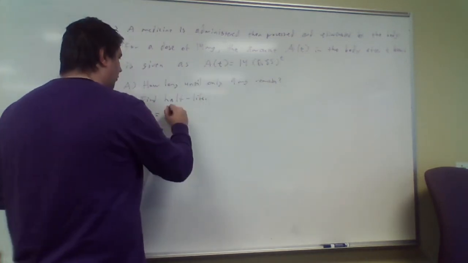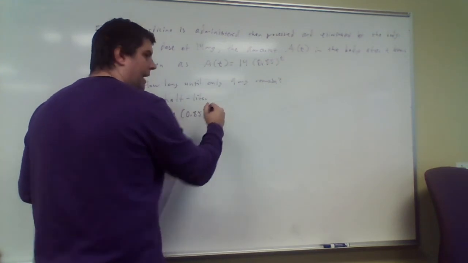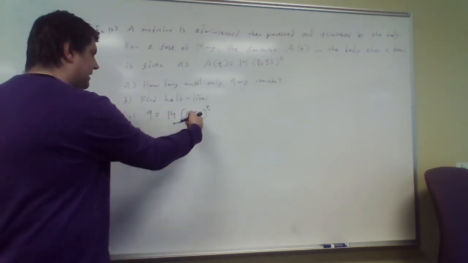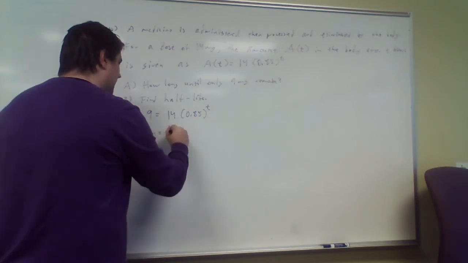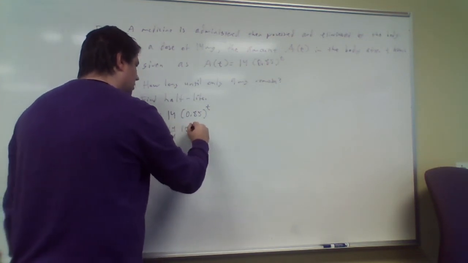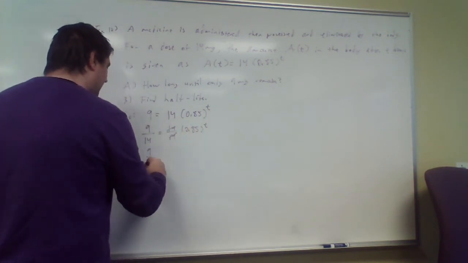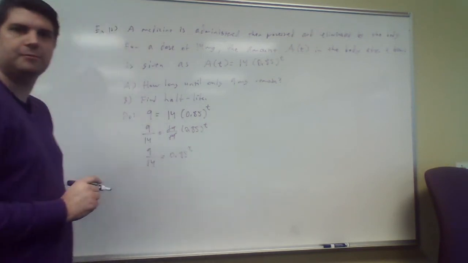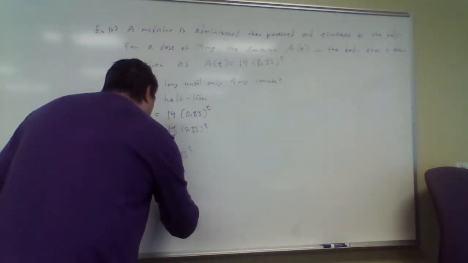Well, we started with 14, and it's 0.85 to the Tth power. So I want to isolate the exponential expression, or exponential component, so I will divide off the 14. And 9/14 equals 0.85 to the Tth power. That's not base e, so we're going to use a common logarithm.